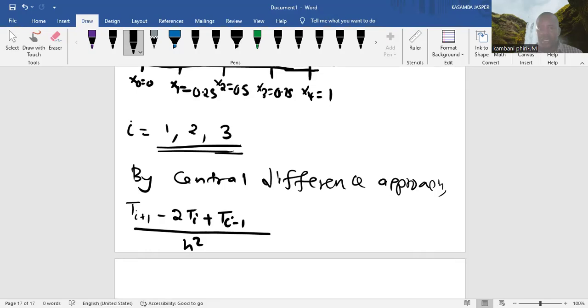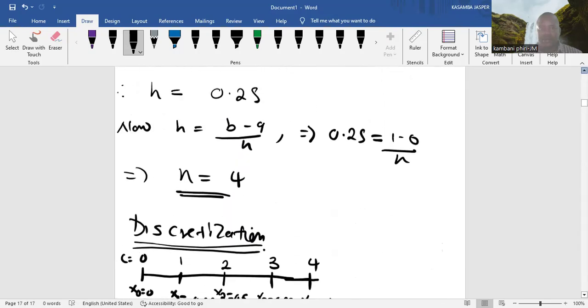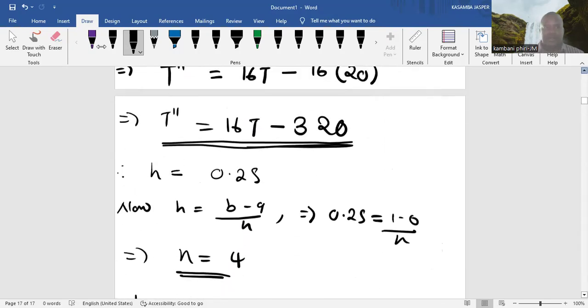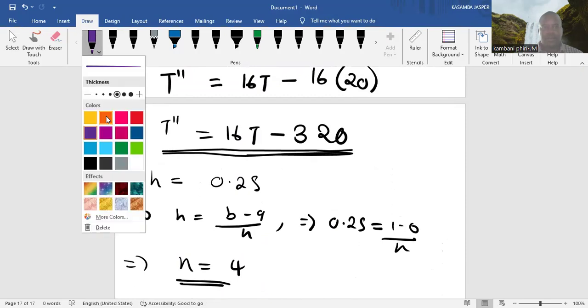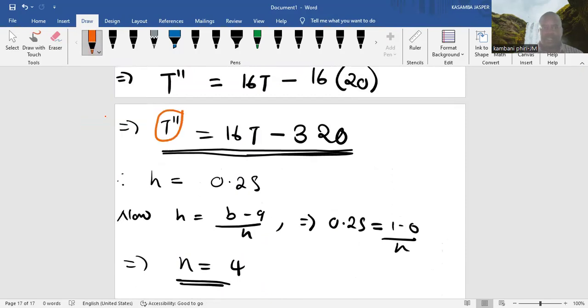So that this part has been replaced by what is down here.